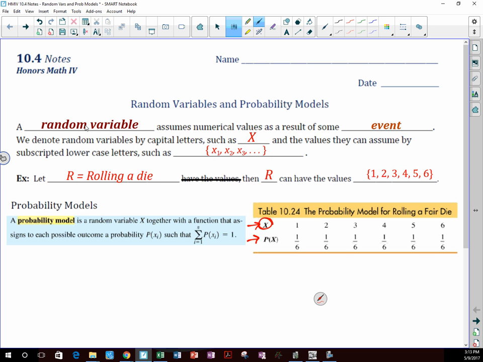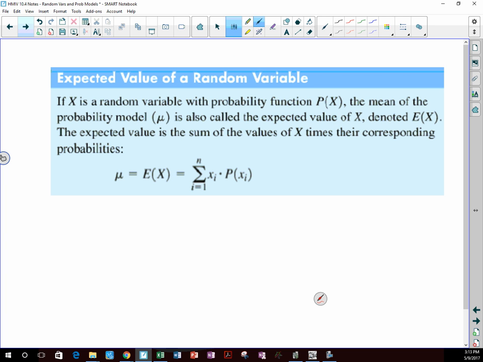We're going to talk about the expected value. So on your notes below this example, it starts going into expected value. You have this blue box on your notes that gives the definition of expected value. A lot of notation here that looks very complicated.